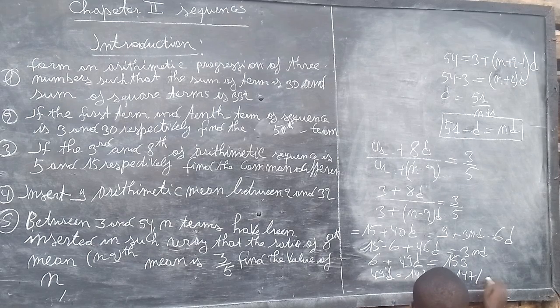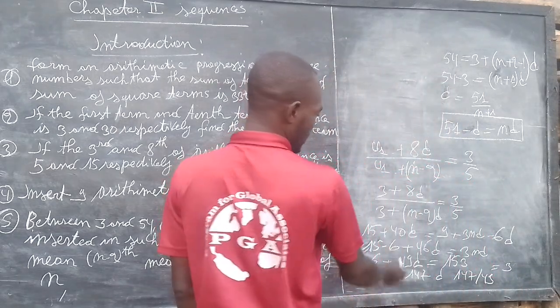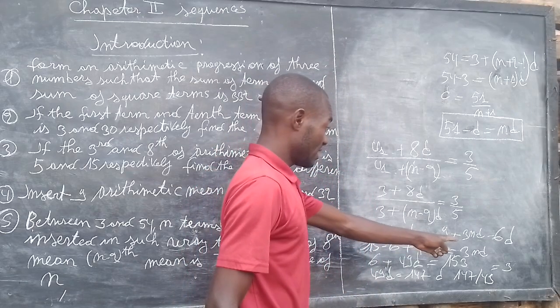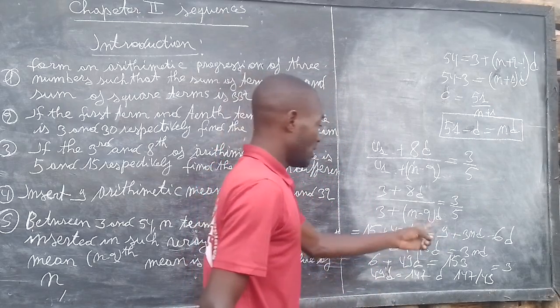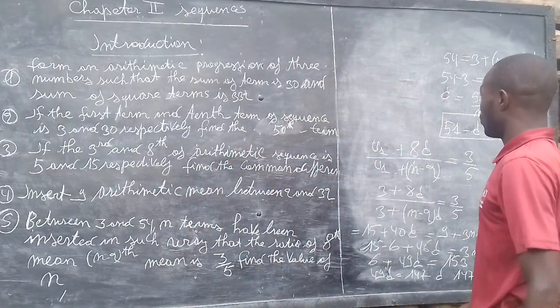147 over 49, which is equal to 3. The value for d here is 3. So by having the value for d, we may determine the number of terms.